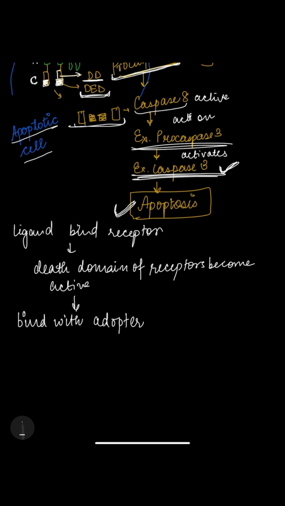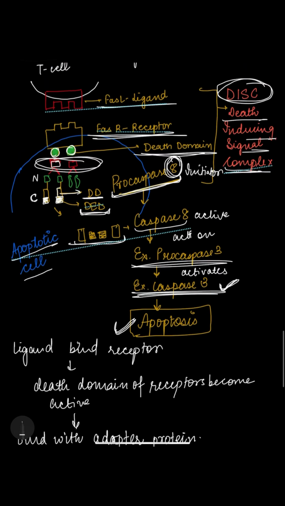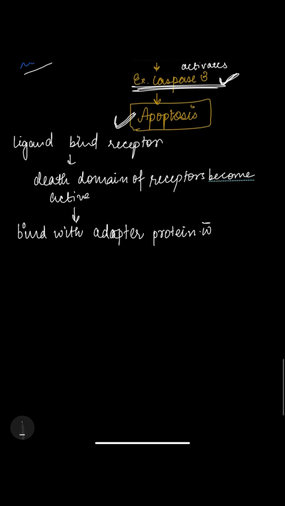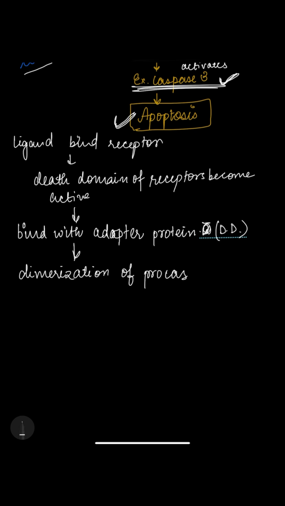This whole area from the adaptor protein to the above part of the C terminal is the death domain of the procaspase, which binds with the adaptor protein and leads to the dimerization of procaspase 8.